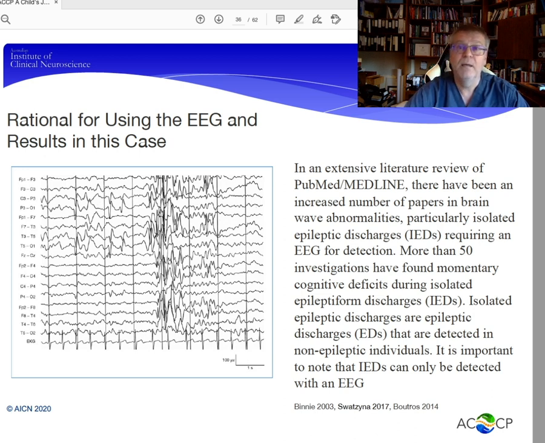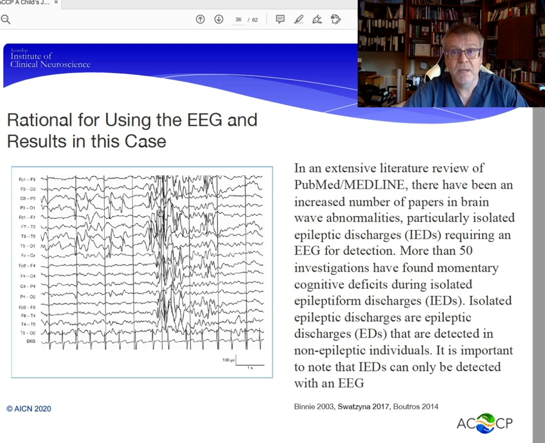For the most part you can't detect them unless you're an extremely good clinical observer and extremely lucky that the seizure happens when you're actually examining the patient. So there is a specific example of where an EEG is essential in understanding whether these IEDs are happening or not.